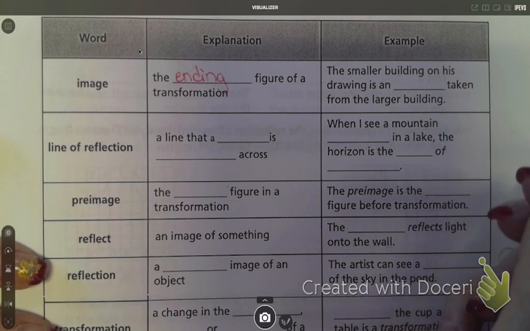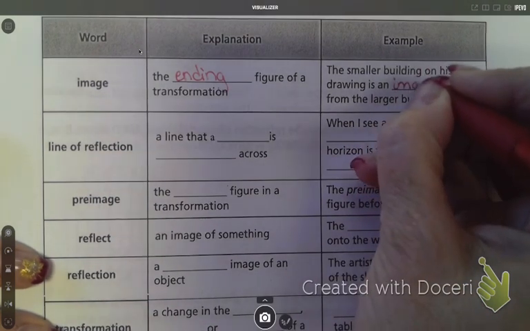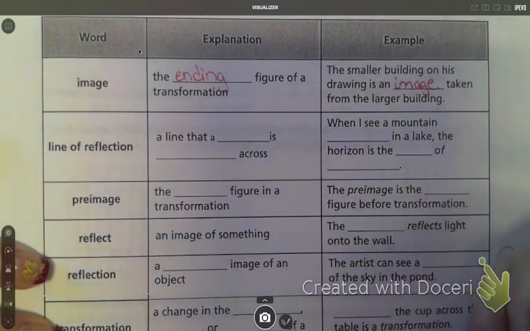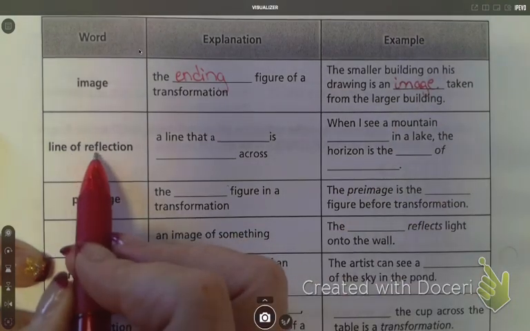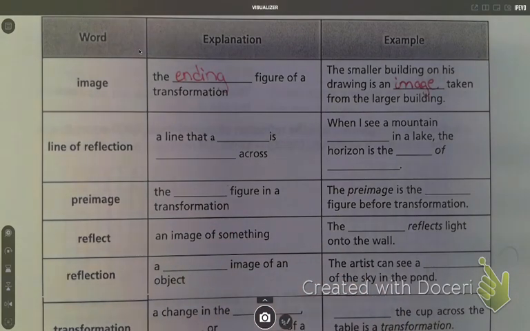Is an image. Okay, so line of reflection, remember, a line that a blank is blanked across. Your notes could help you.